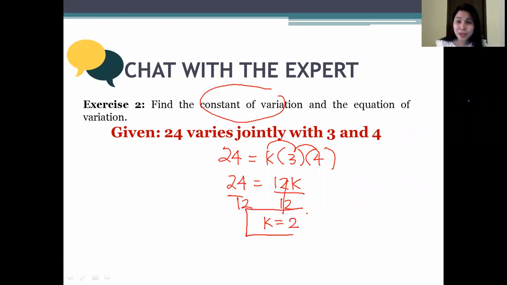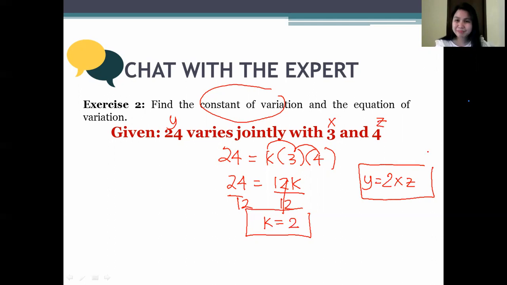This is now our constant of variation. Now, how will we write our equation of variation? Suppose this is Y, this is X, this is Z. So we write it as Y equals 2XZ. This is now our equation of variation.